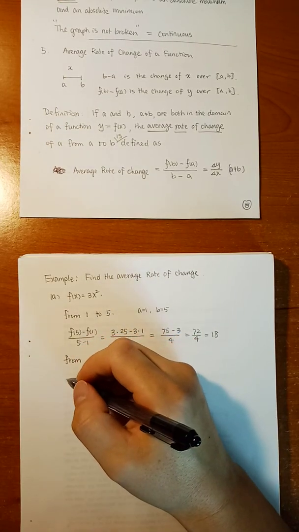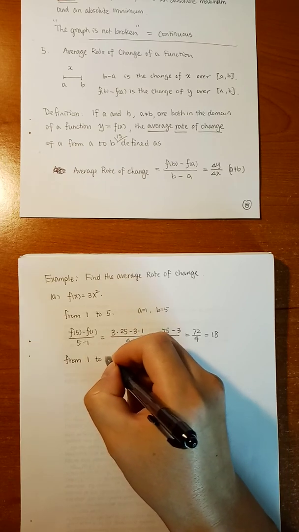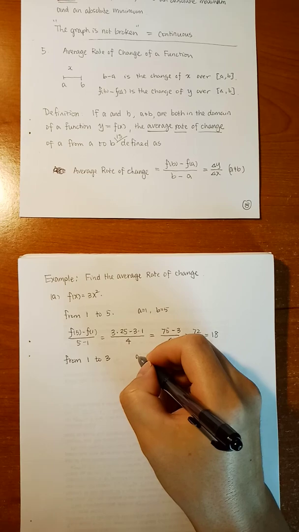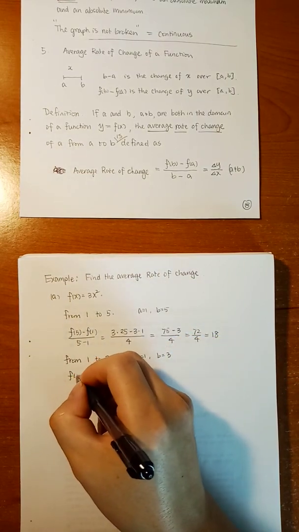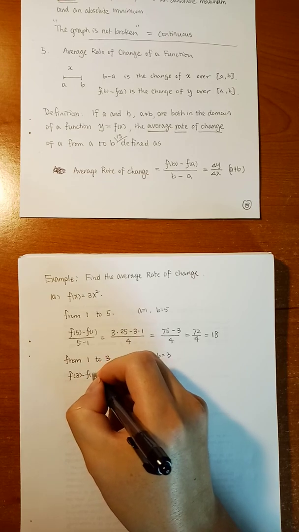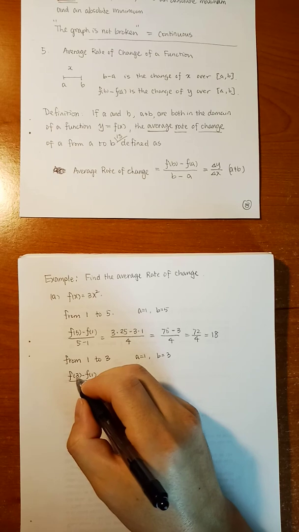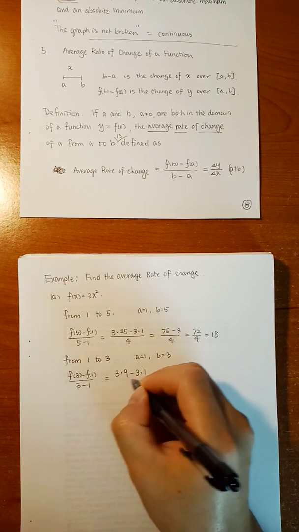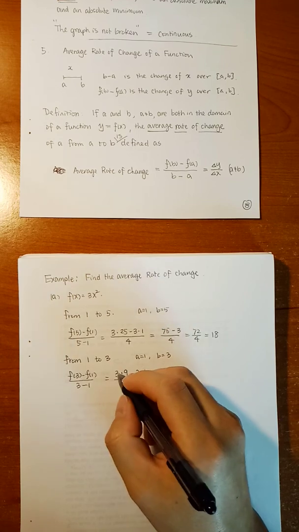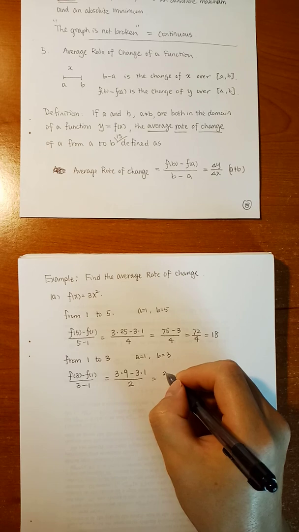From 1 to 3, let's check. If it's from 1 to 3, a is 1, b is 3. So it's f(3) minus f(1) over 3 minus 1. f(3) is 3 times 3 squared. f(1) is 3 times 1 squared, over 2. 3 times 9 is 27. 3 times 1 is 3.